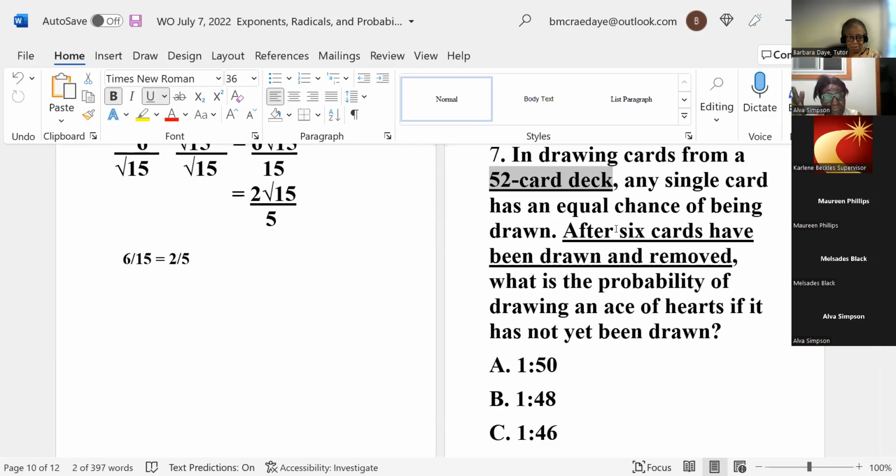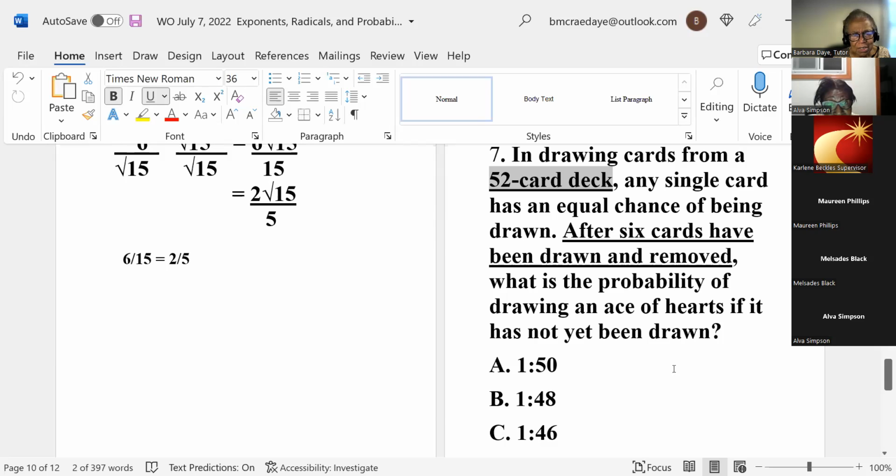If you take 4 from 50, you'll get 46. Alva, Ms. Barbara, what is 6 subtracted from 52? How I do it, Miss Barbara? I said 6 from 50, leave 46 and 2, 48. No, 6 from 50 is not what you said.